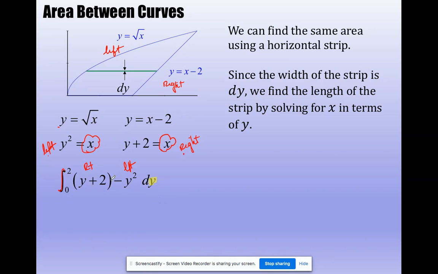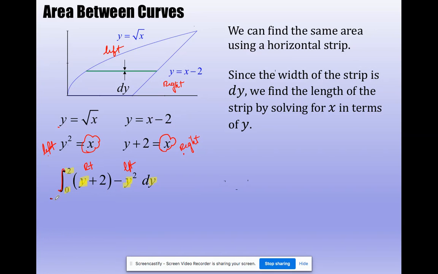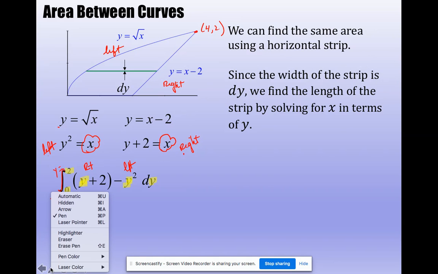But I integrated with respect to y, so all my functions are in terms of y, and my bounds are in terms of y. Remember, this point of intersection was 4, don't care, 2. When I was integrating with respect to x, the point of intersection was 4, don't care, 2, right?